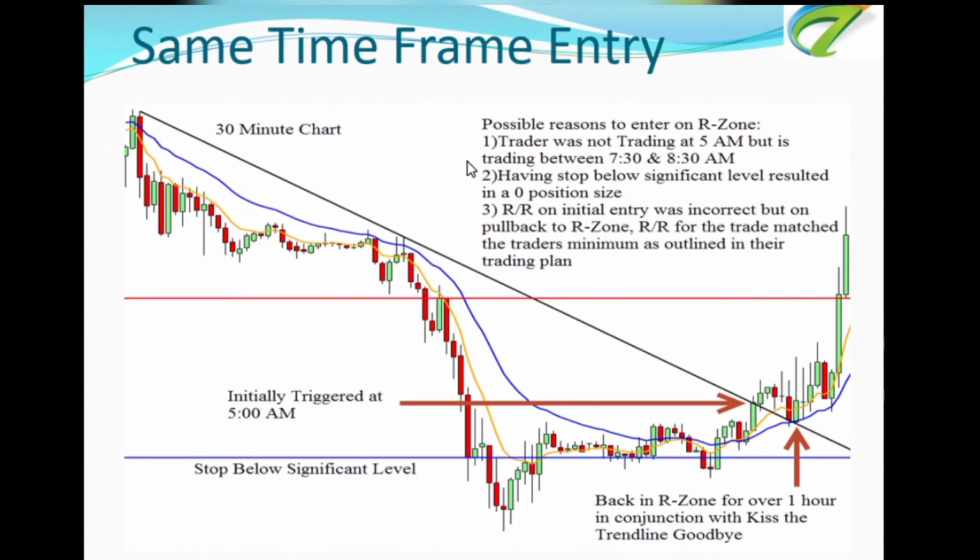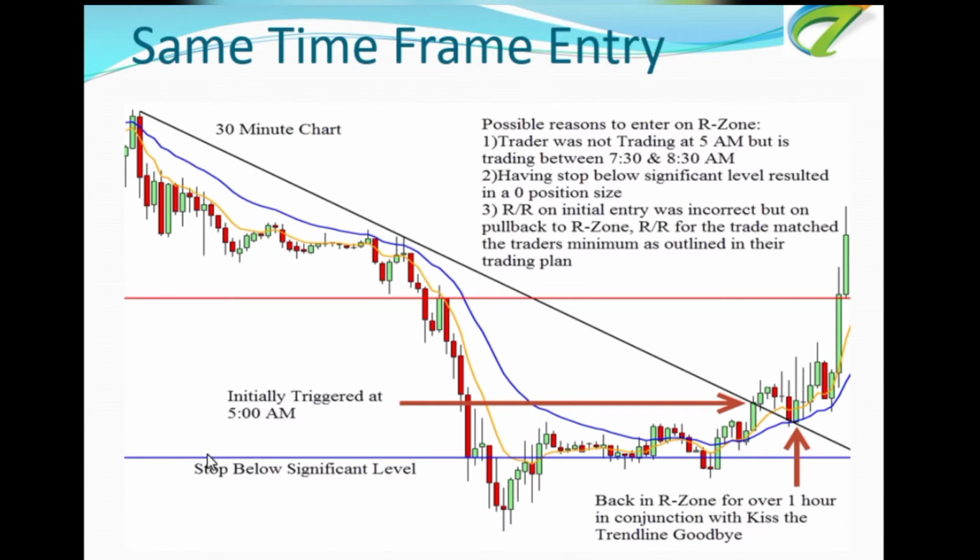Number one, the trader was not trading at 5 a.m. but is trading between 7:30 and 8:30 a.m. Having the stop below a significant level resulted in a zero position size. The position size was not supported with the trade plan.